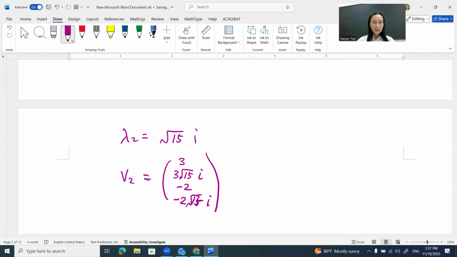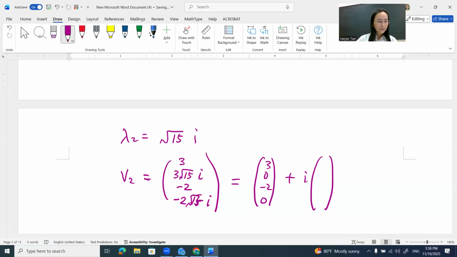So again, you can write it as real part plus i times imaginary part. The real part is 3, 0, -2, 0. And the imaginary part is 0, 3 square root of 15, 0, -2 square root of 15.